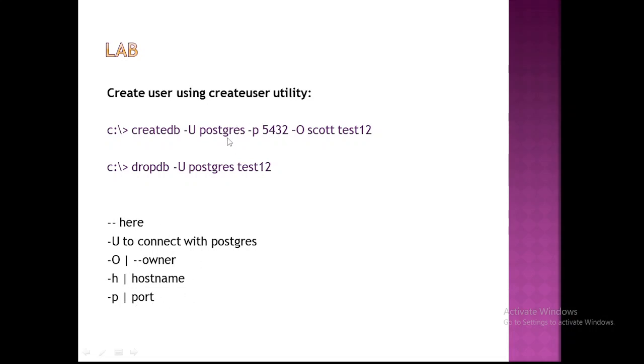You can use host name if you want to create something on some other database or host. But if you are just using the localhost, host name is not required. Port maybe, because you may have one or two instances of Postgres on one particular server, so depending on this you can use it.